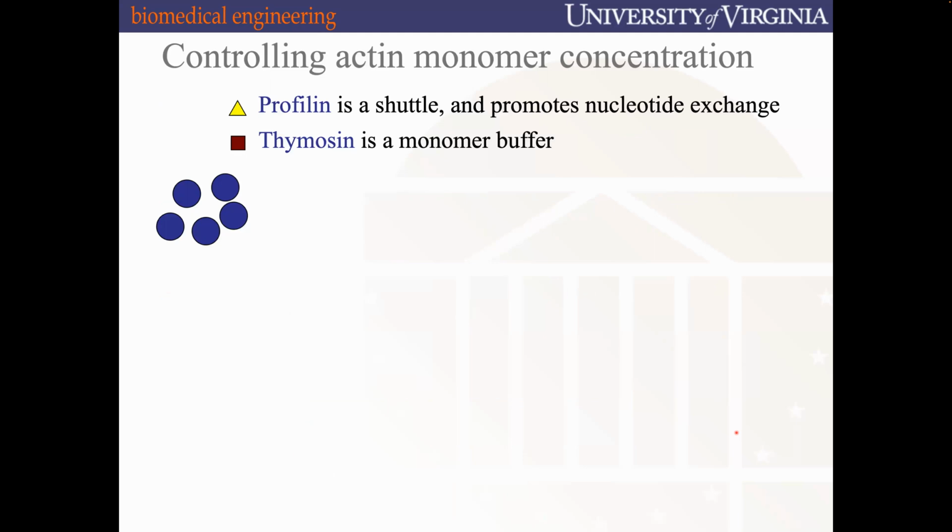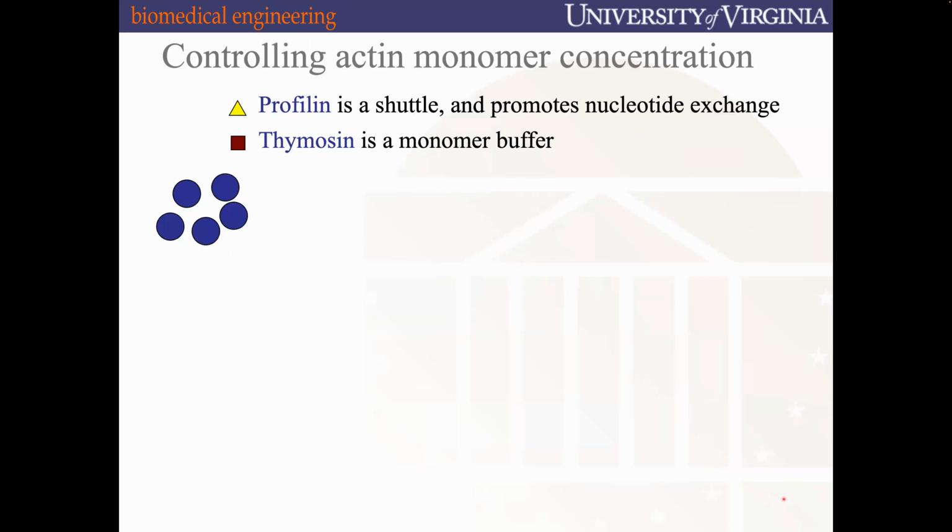So along with the difference in Kc, there's a couple of proteins, accessory proteins, that are also regulating actin growth. And this is true also of microtubules, but these proteins are specifically thought of in the context of actin.